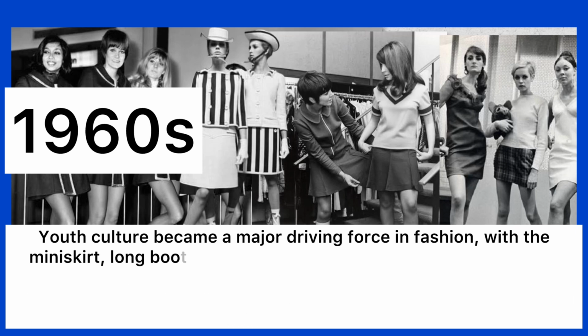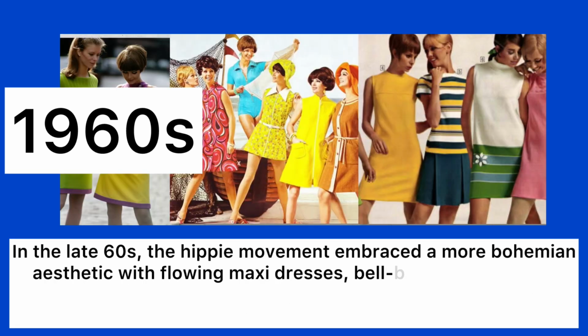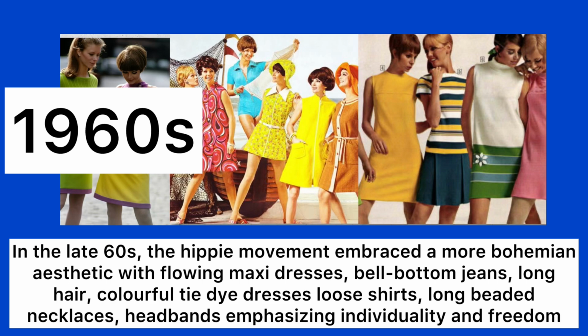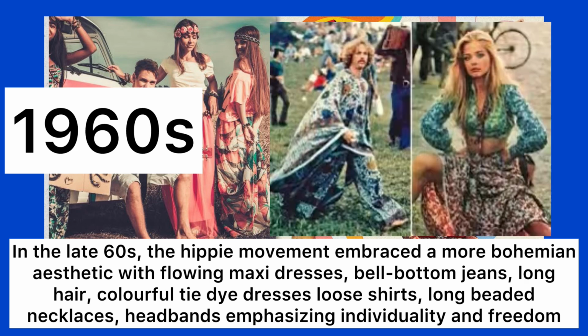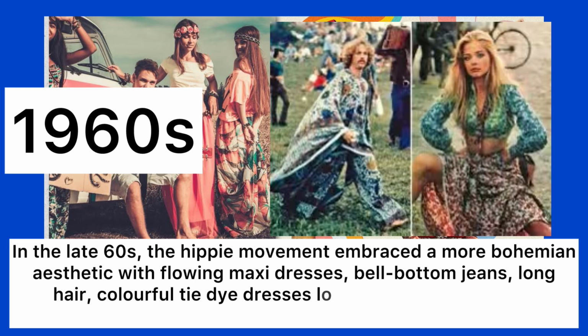In the late 60s the hippie movement embraced a more bohemian aesthetic with flowing maxi dresses, bell bottoms, colorful tie-dye dresses, and long beaded necklaces, emphasizing individuality and freedom. So we are talking about the youngsters' freedom.